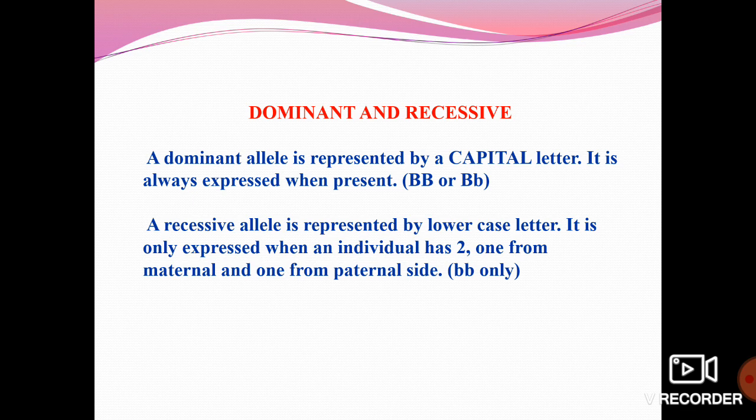Again, we see something where a red flower is bred with a white flower, and the offspring that we get is a pink flower, neither red nor white. Color is a character. One gene has red expressive character and the other has white expressive character, but the offspring has an intermediary pink color. Why is it so?